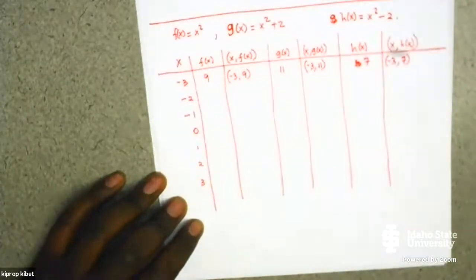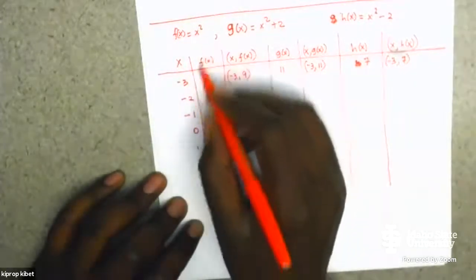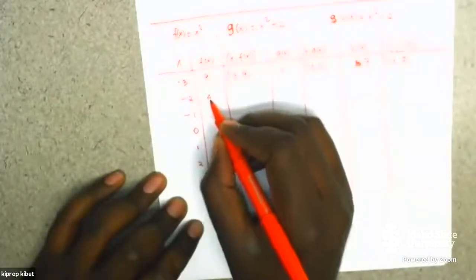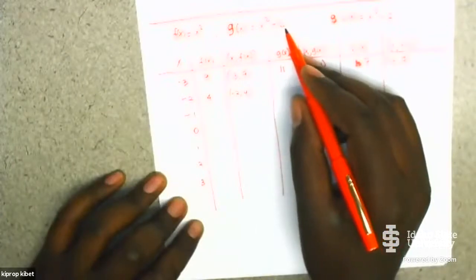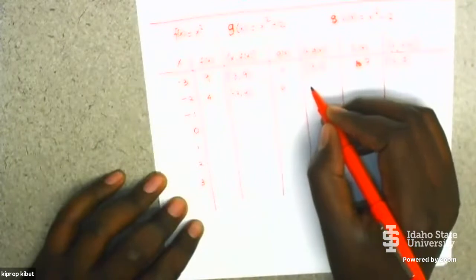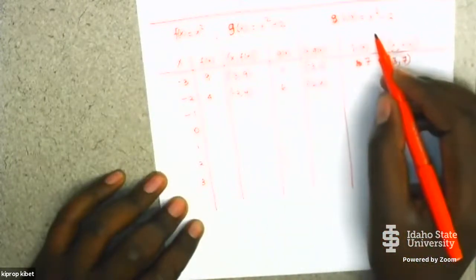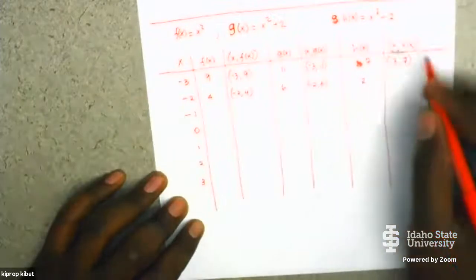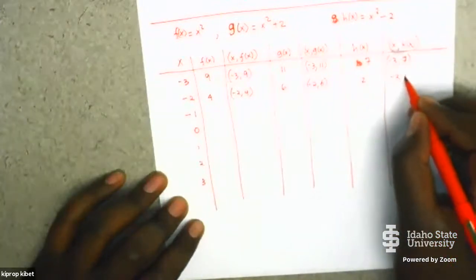When x is -2, then this is 4, so this is -2 and 4. 4 plus 2 is 6, so this will be -2 and 6. Then 4 minus 2 is 2, so this will be -2 and 2.